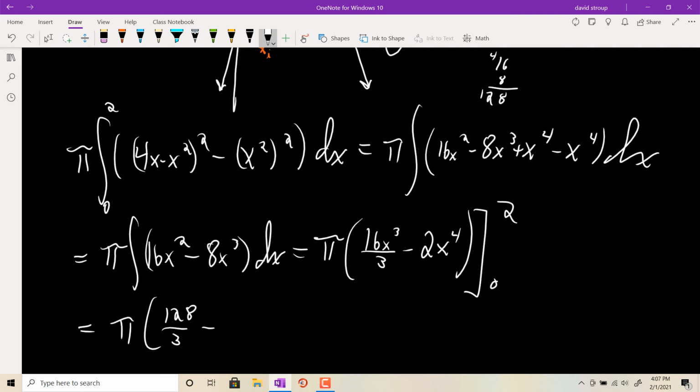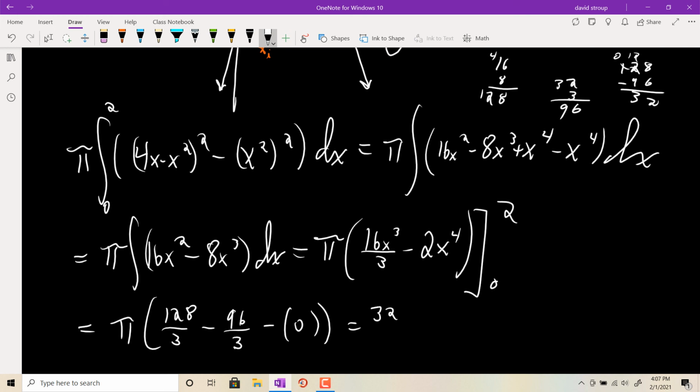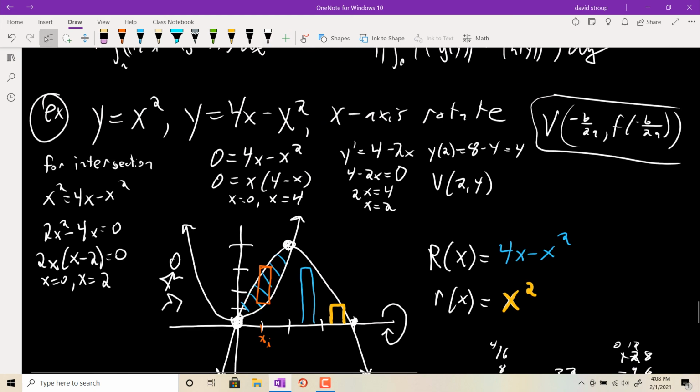So 32. I want a common denominator of 3, so I'm going to multiply that by 3. So 96 thirds. And then minus 0. You plug 0 into the antiderivative, you just get 0. So 128 minus 96 is 32, so 32 thirds pi. Okay, and that will be the volume.